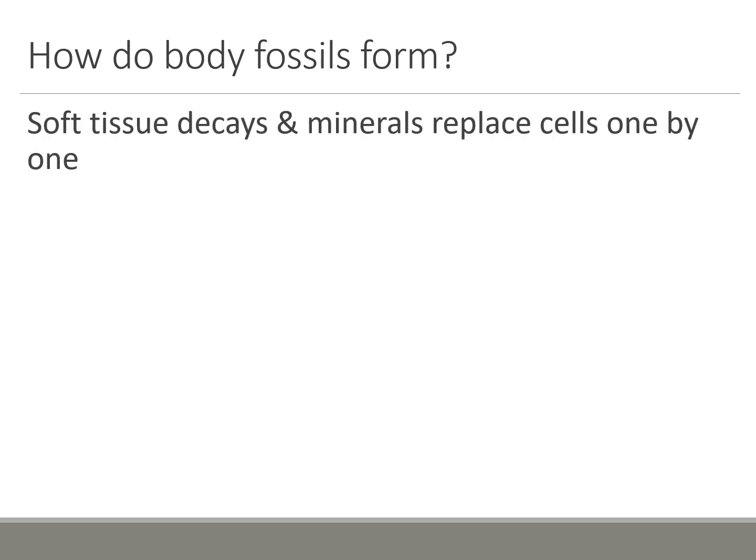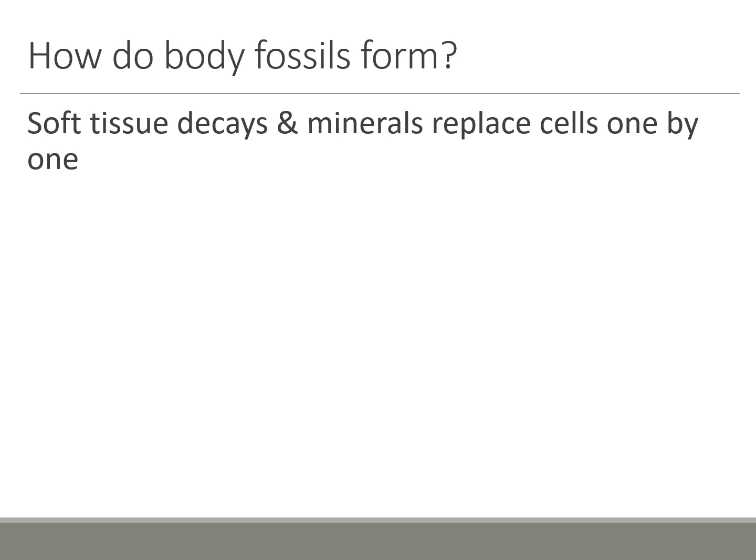Okay, so what happens is, and we'll go over this process in more detail in a bit, soft tissue decays. Soft tissue meaning muscle, skin, tendon, hair, eyeballs, all that stuff. Basically anything that's not bone or teeth. That stuff decays, right? Whether it's consumed by a scavenger, predator, or bacteria. And then what remains are the bones and the teeth.